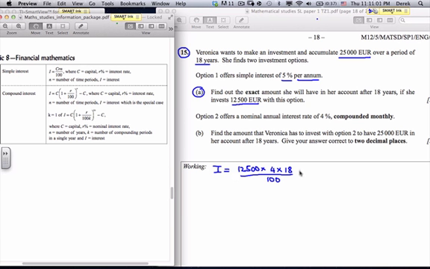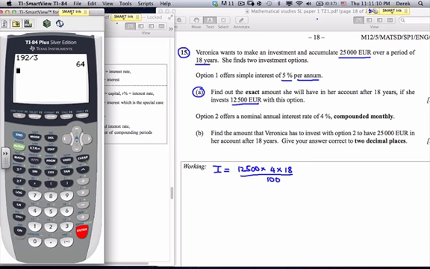So the amount that she's going to have at the end would be obviously this plus the initial amount. So let's just do that in our calculators here. 12,500 times 4 times 18 divided by 100, enter.